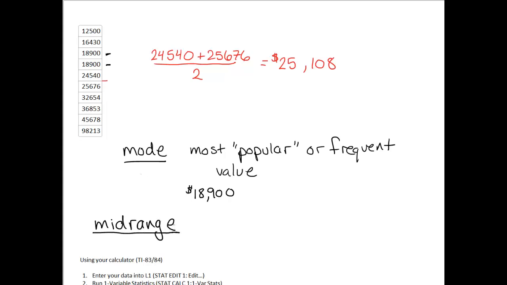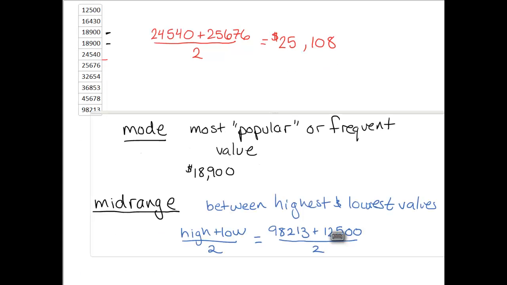It's easy to get the midrange and the median confused, but these are not the same thing. The midrange is the number halfway in between the highest value and the lowest value. As I've done here, we just want to look at the highest value, which in our case is 98,213, and the lowest value, 12,500.